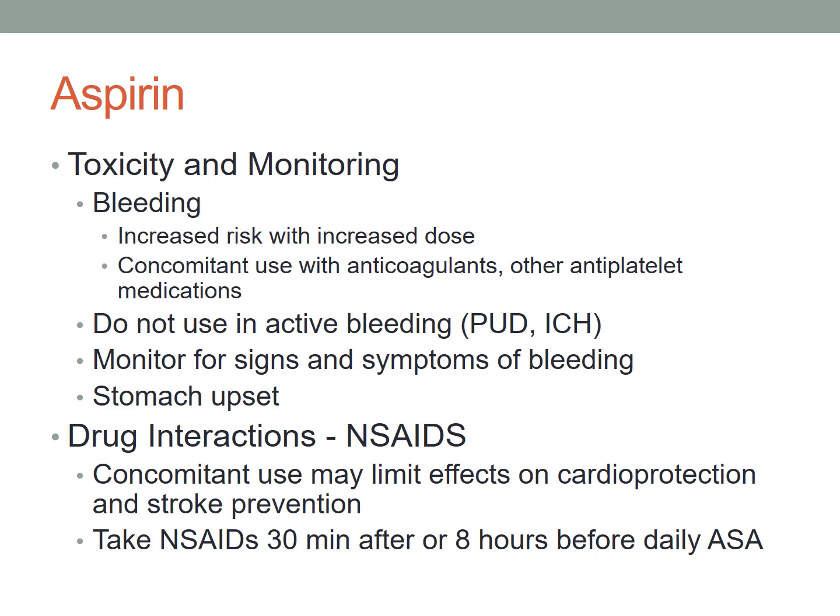So there's some competition for those receptor sites, and ibuprofen can interfere with the aspirin binding. So it's really important to counsel your patients to time your doses of NSAIDs. If they take NSAIDs for pain on a regular basis and they're also taking an aspirin for cardioprotection, they should take their NSAIDs 30 minutes after or 8 hours before their aspirin to avoid this interaction.